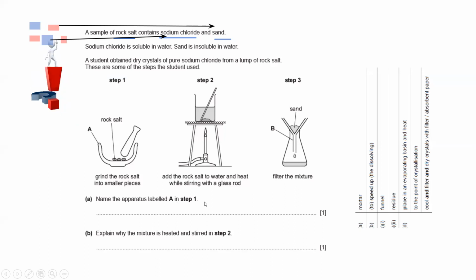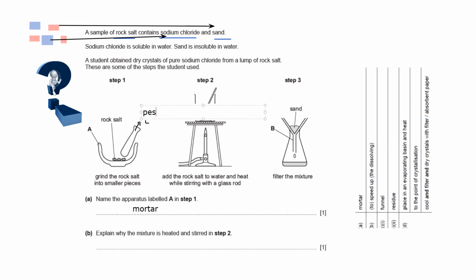Name the apparatus labelled A in step 1. In the last part we will discuss the names of the apparatus, but right now I will just type the answer. That is called a mortar. And this substance, if I say this is B or C, is called a pestle.